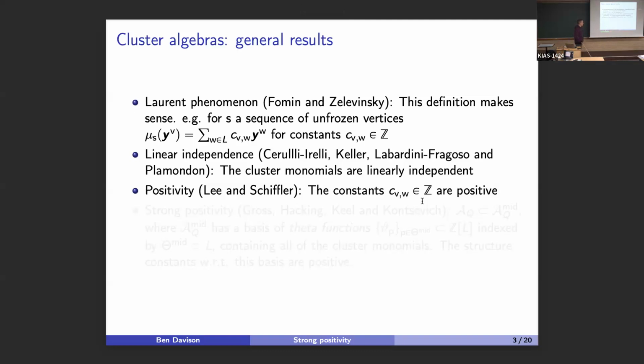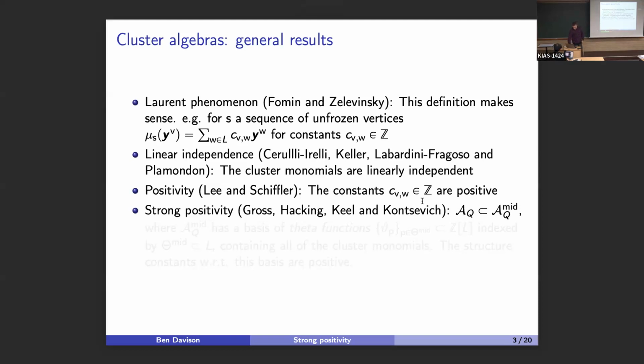So in particular, for the subject to be a good subject, for the subject to be doing what it's supposed to be doing, one would expect or hope that these coefficients are positive. And this was proved by Lee and Schiffler some years ago using really pure combinatorics.